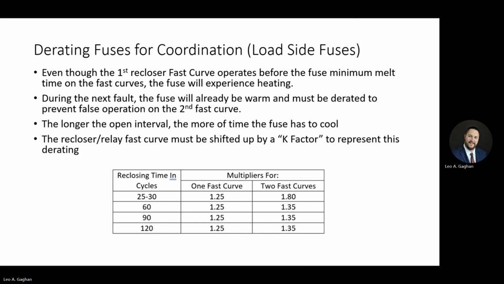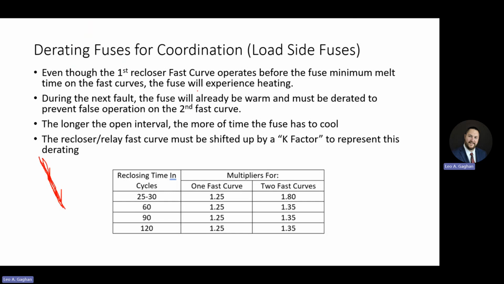So we're saying we've got the load side fuse, and we're using fast curves. This is actually an example where we're trying to save the fuse. If you think of the fuse curve being right here, and we can make that a little bit thicker, because we've got the minimum melt and total clear.